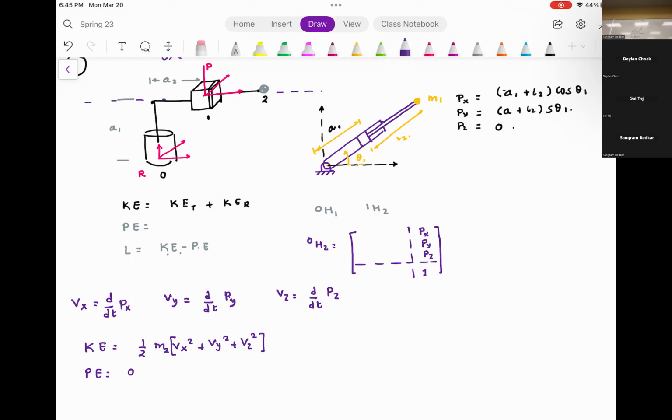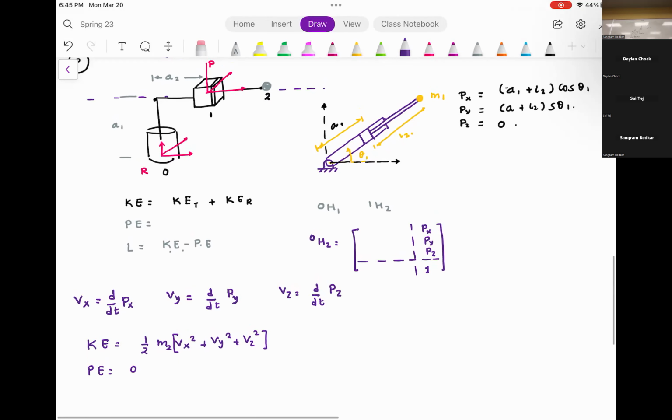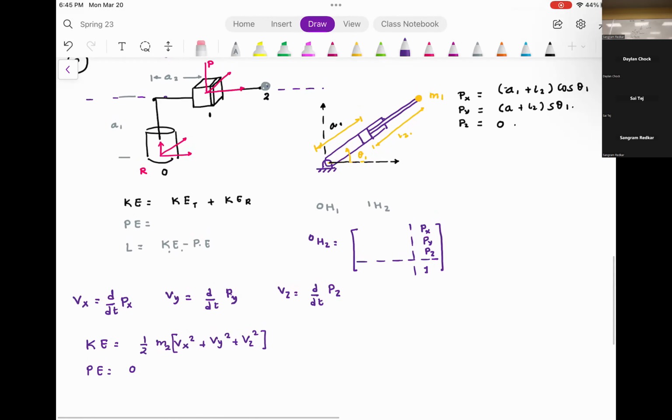Correct. We haven't looked at those problems, and that problem will come next. For example, instead of the mass being over here, say the mass is over here. Then when you do the homogeneous transformation, you just consider that length to be this length.